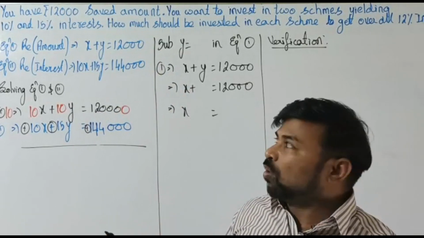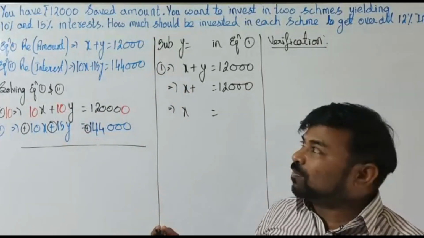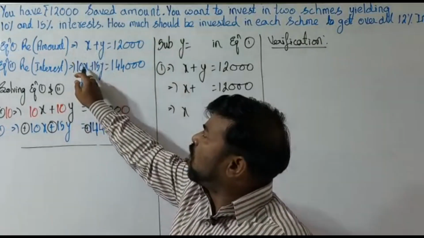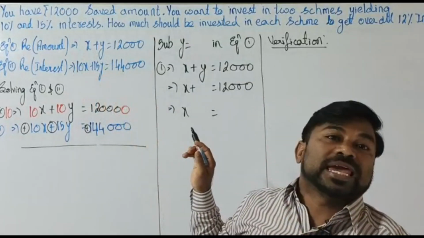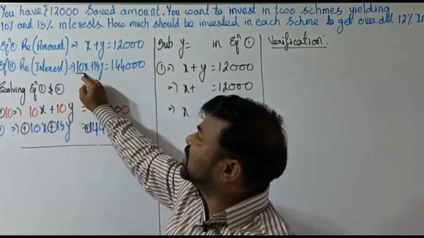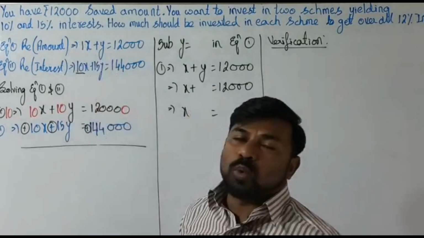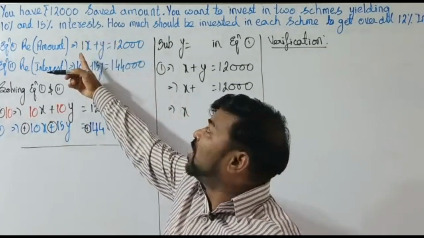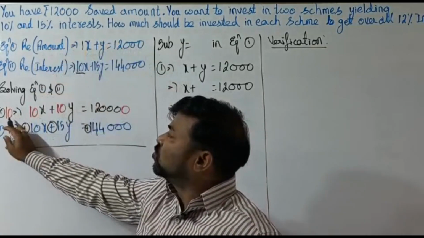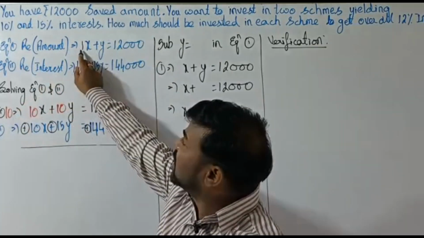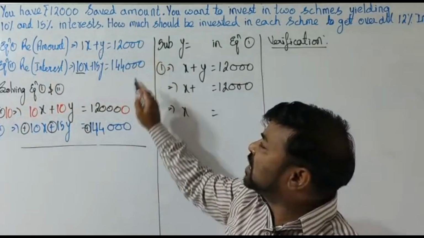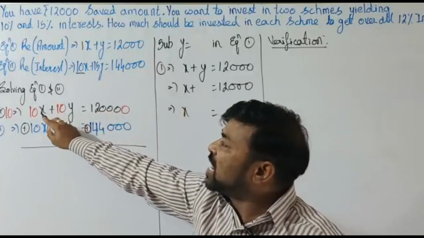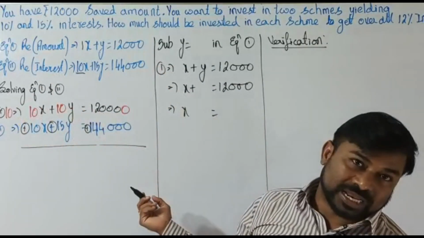Now, as we all know, to use the elimination method, the coefficient of any one of the variables should be the same. The coefficient of x here is 10 and the coefficient of y here is 1. To make that equal to 10, I am multiplying the entire first equation by 10, which gives 10x plus 10y equals 120,000.